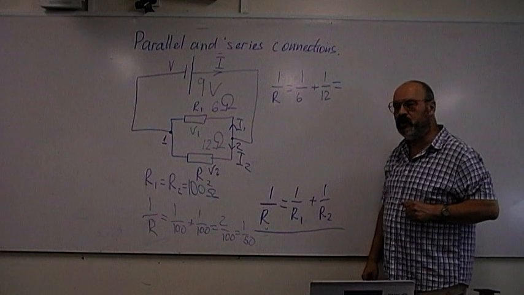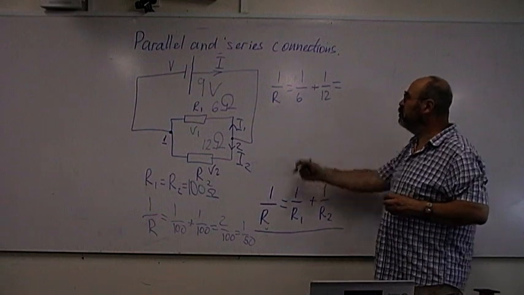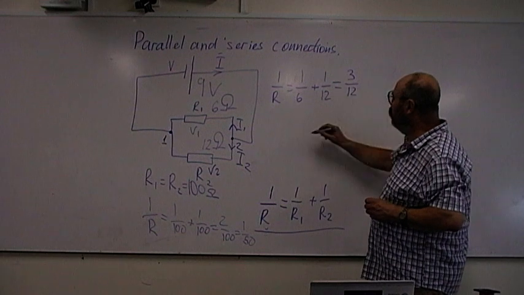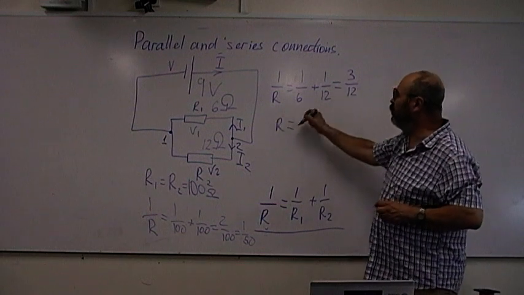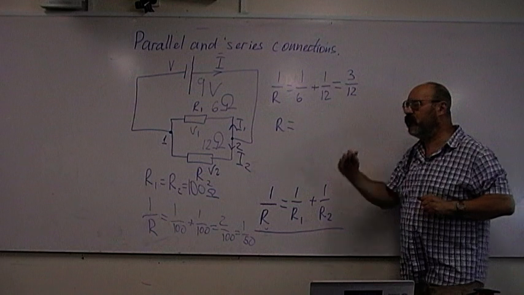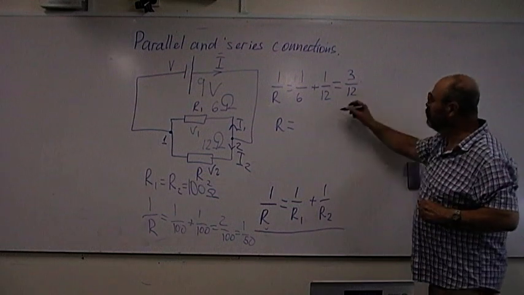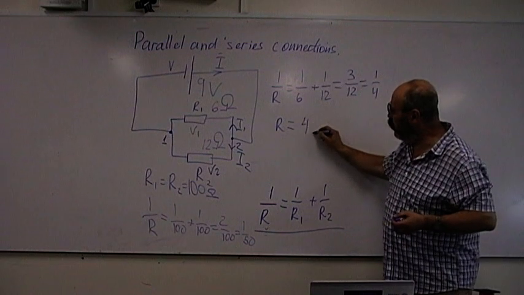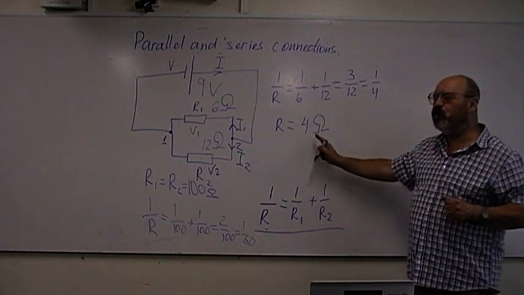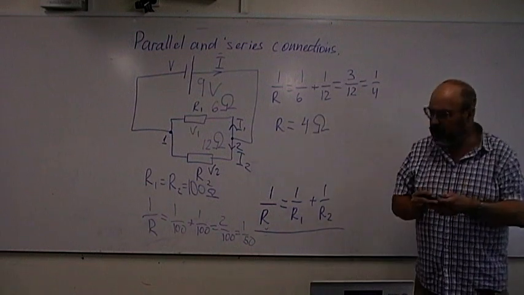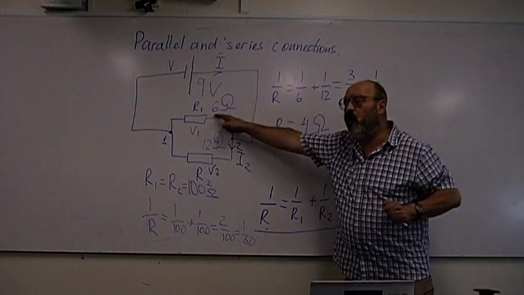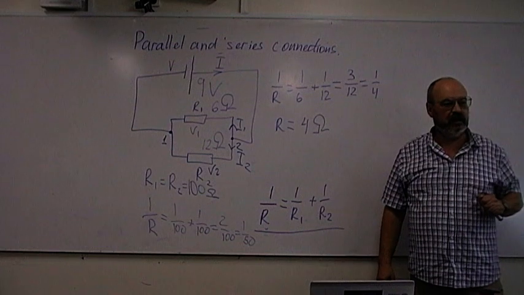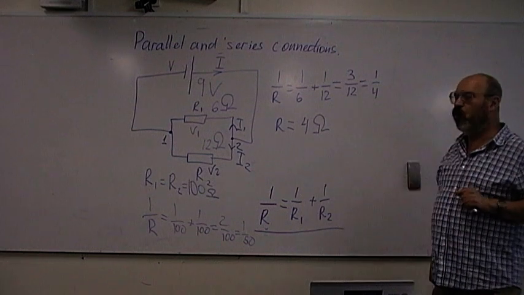Bring to the common denominator, which is 12, so we have 3 over 12, which simplifies to 1 over 4. R equals 4 ohms. So you see, the total or equivalent resistance is smaller than the smallest resistor connected in parallel.